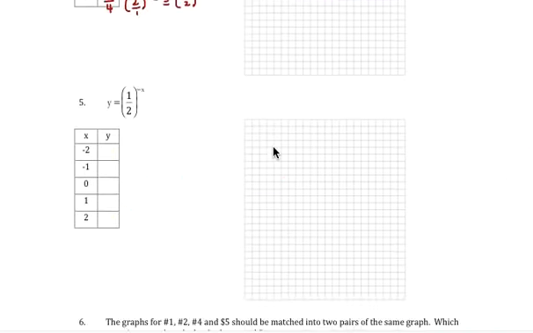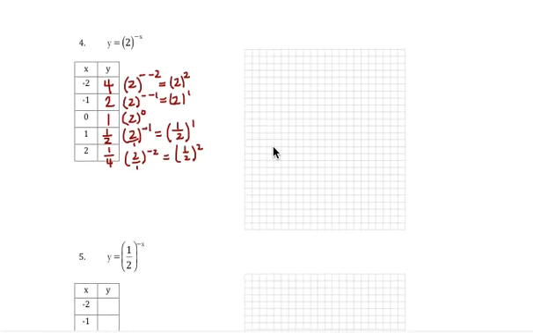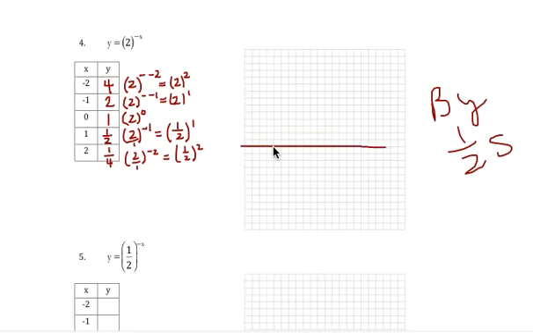And then just plot the points. I don't think you really need me to tell you. You can plot points.